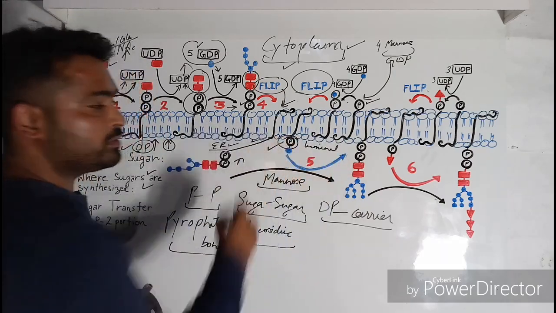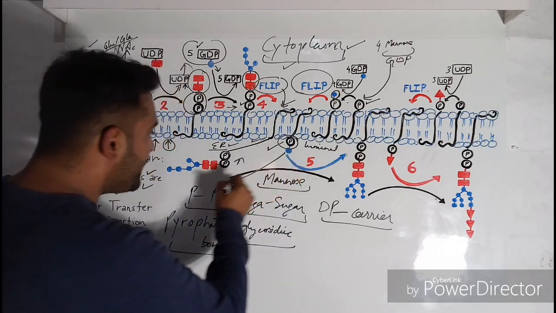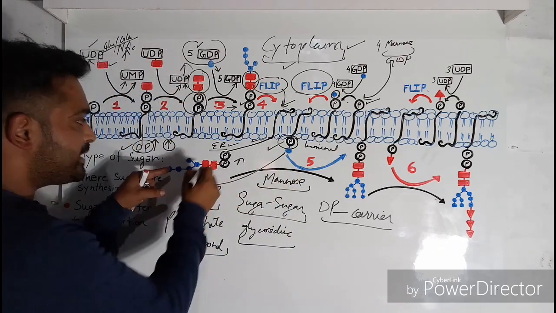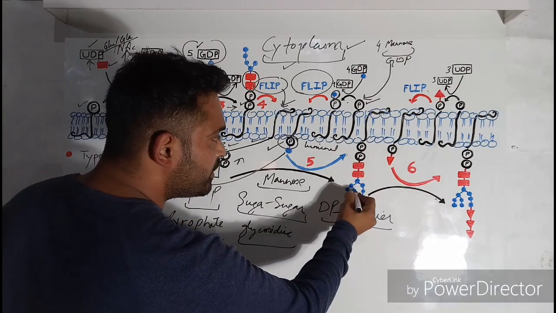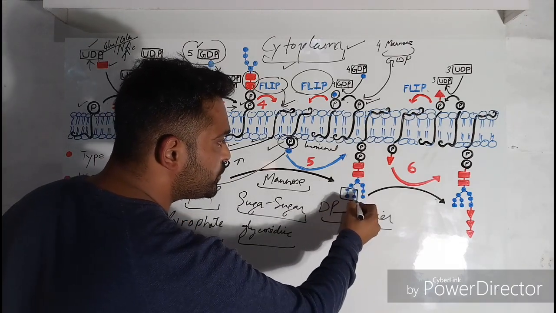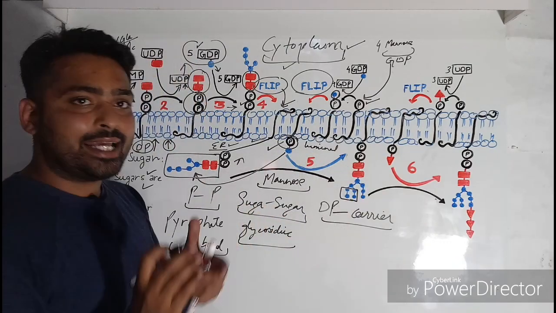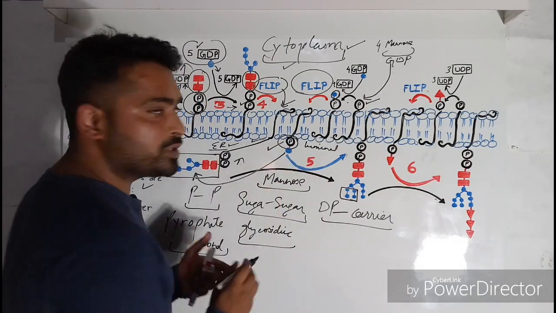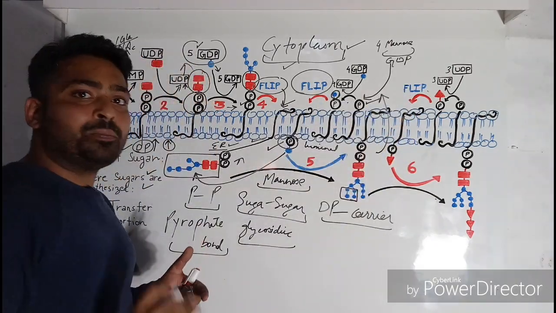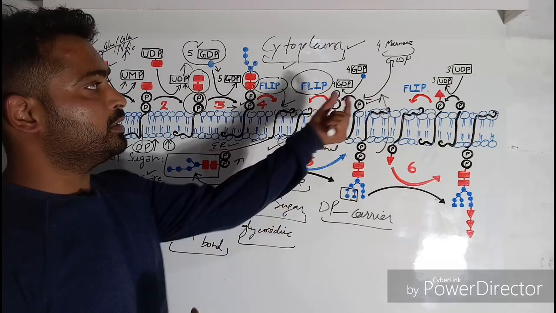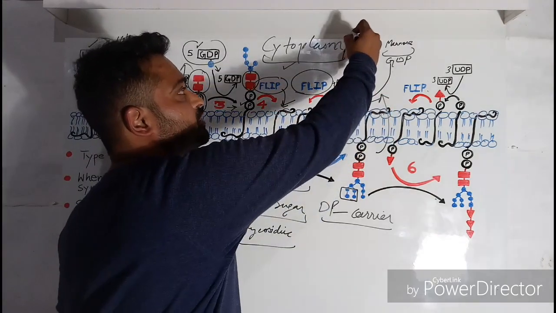Okay, we transfer it to the already formed chain of the oligosaccharide. Here we have 4 more residues of mannose. After this, the Dolichol phosphate carrier which was containing 4 residues is flipped back to complete another round of the transfer of these sugars which are present in the cytoplasm.